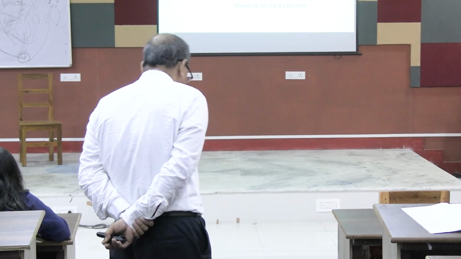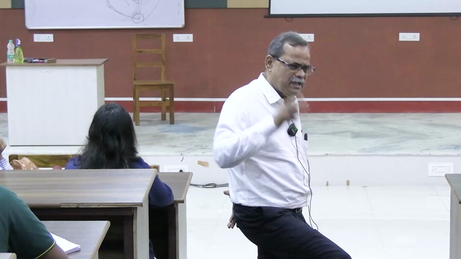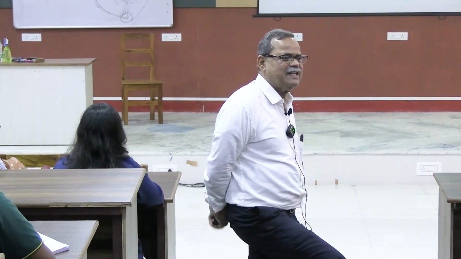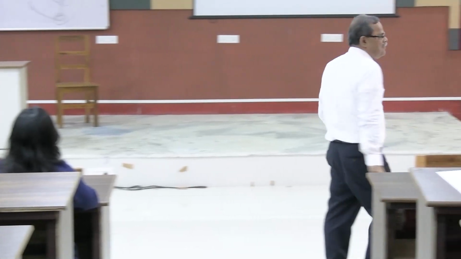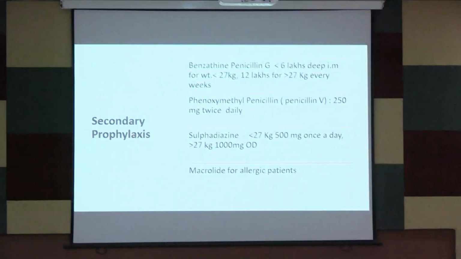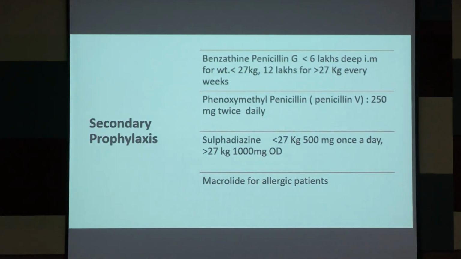Secondary prophylaxis is very important, because once the carditis is developed, if you do not give the secondary prophylaxis, repeated carditis will occur, and that can give more and more permanent damage. So here you see the weight is important. During the middle time, weight was left out, but now weight is again coming. Less than 27 kg, 6 lakh units, more than 27 kg, 12 lakh units.